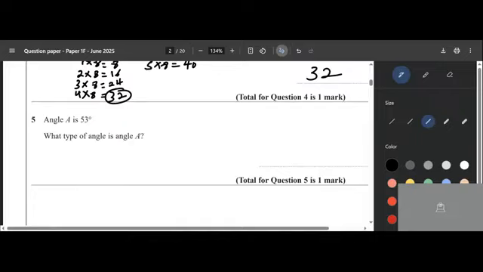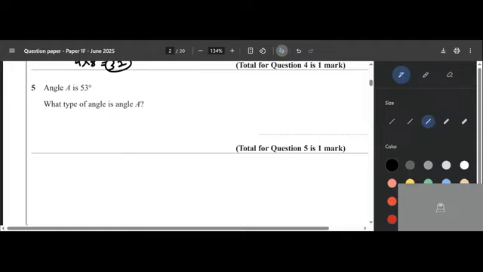What type of angle is that? Because it is less than 90, so maybe the angle is here. This angle is what they're talking about. These ones are called acute angles. They're angles that are less than 90 degrees. So we call that angle an acute angle.